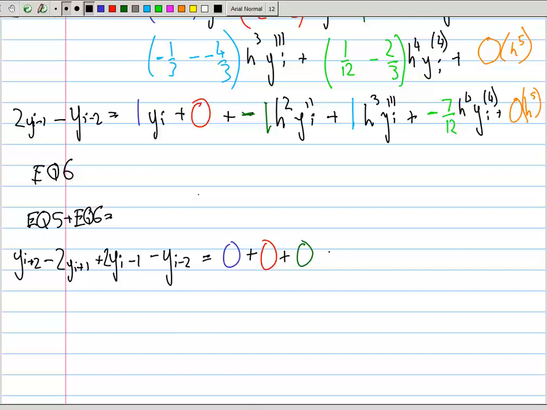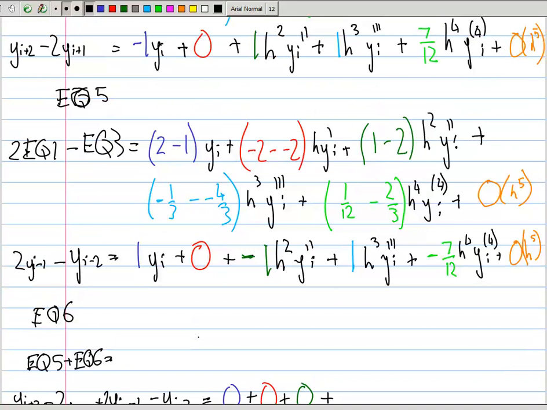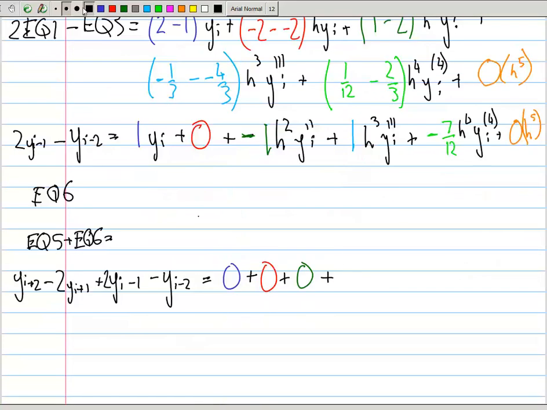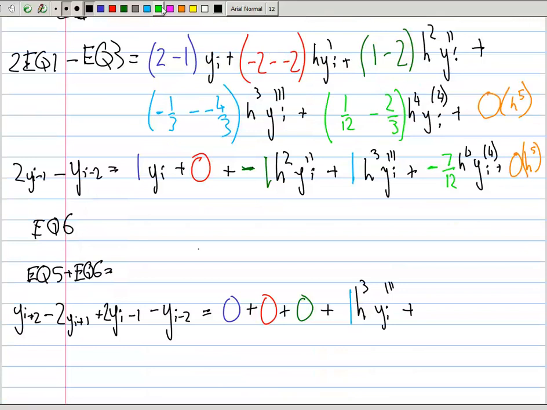Now our term that we're interested in, if you find that this one becomes 0, then you know that you need to go back and double check your working. So here we've got 1 and 1, so that's going to be plus 1. I'm going to write this, h cubed yi to the 3rd prime, plus, and then we have minus 7 over 12 in this term, and we have 7 over 12 in that term, and that becomes 0.